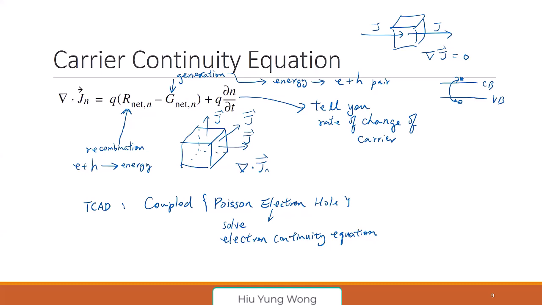But most important is remember you have the Poisson equation, carrier continuity equation, and how to calculate the drift diffusion current. You understand there are a drift part and a diffusion part. One is due to the electric field, which is the gradient of the potential. Another is due to the gradient of the concentration. And that is everything, the basics.